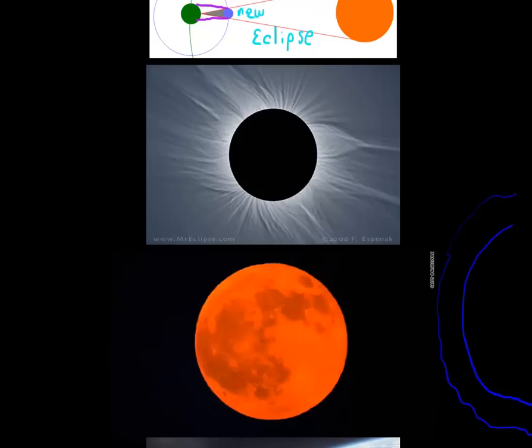And then when the blue is gone, it turns more to orange. And when the orange is gone, it turns more to red. And this acts like a lens, and it bends light to strike the moon. Same thing down here. We get the blue turning into orange, into red.